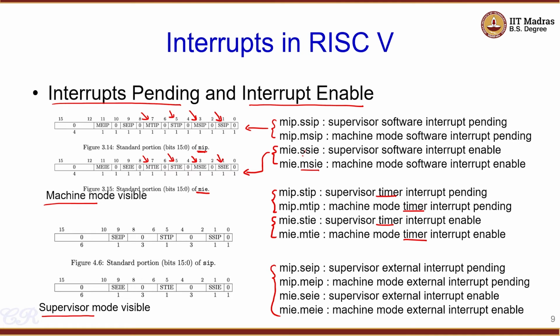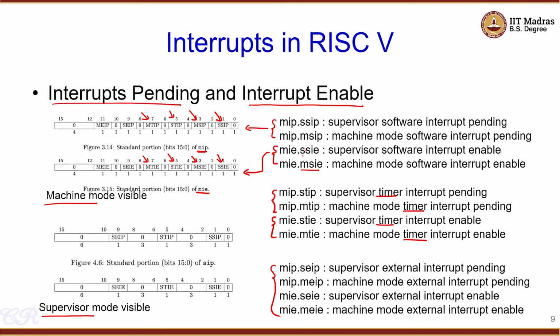So, at a high level, with the help of the interrupt pending and the interrupt enable registers, the programmer, or the OS in this particular case, would be able to enable very specific interrupts such as software interrupts, hardware interrupts or timer interrupts, or also identify which of these interrupts are pending or not pending. This way we will be able to identify what is the cause of an interrupt.